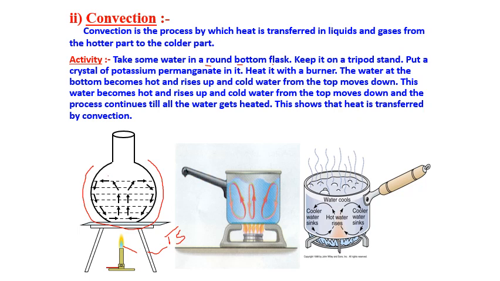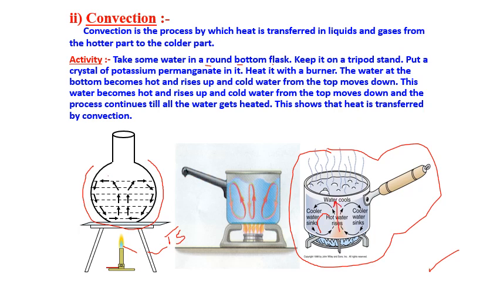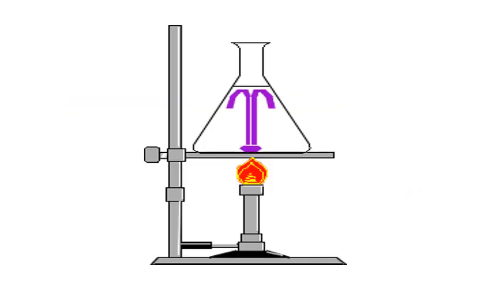So students, you can see this activity in this picture also. What is happening? You can see cooler water sinks. Cooler water is going down and hot water is rising up. Now you can see this diagram over here.